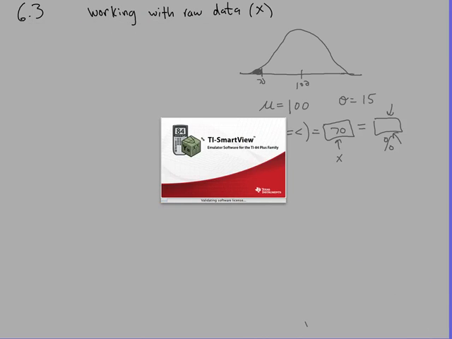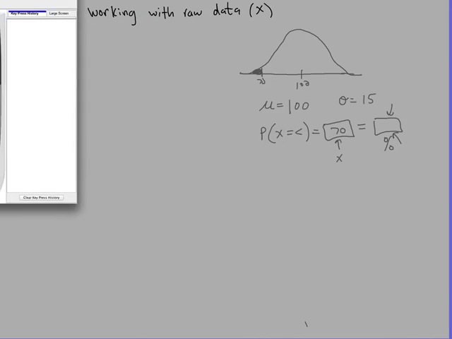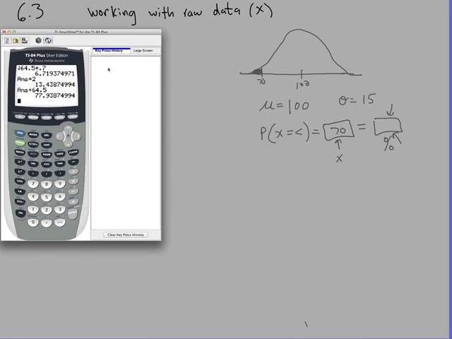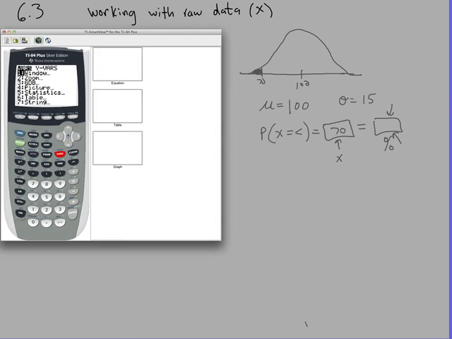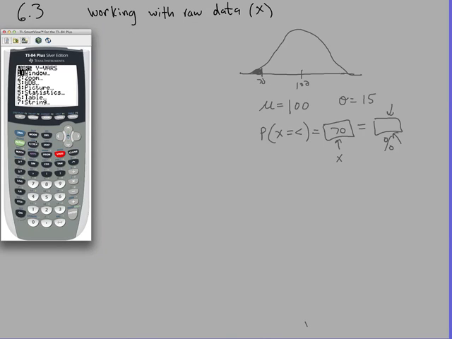It's the exact same thing as the z's, it's just that we're using x's. Okay, so since I have this up, I'll go ahead and show you how to use it on the calculator. So I go second vars, and I want to do a normal CDF. This is how you get this answer.